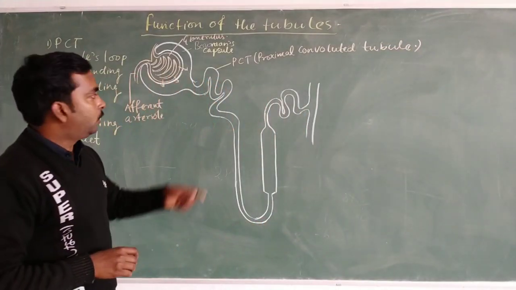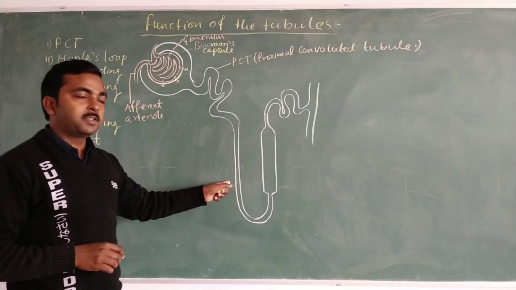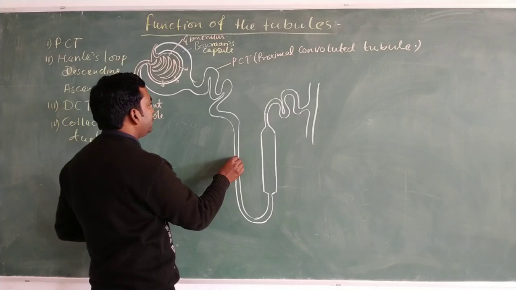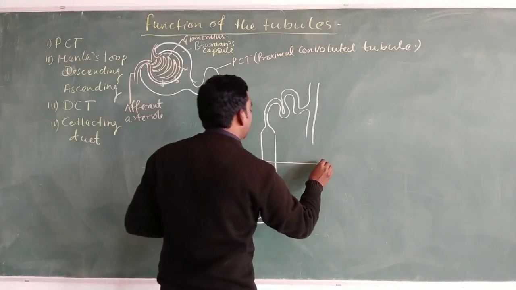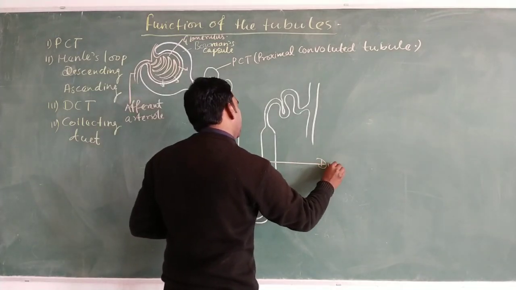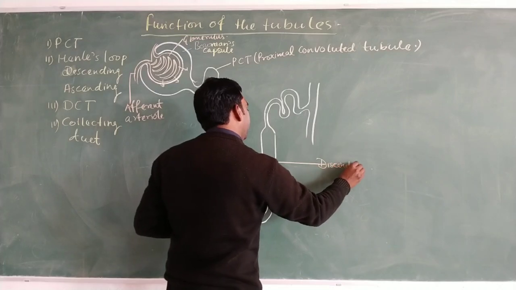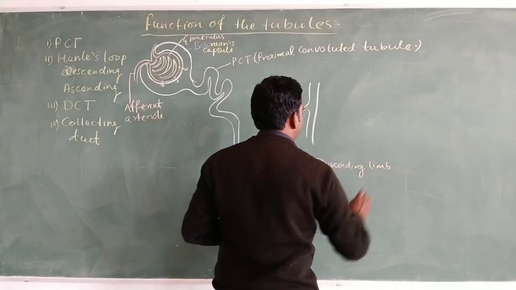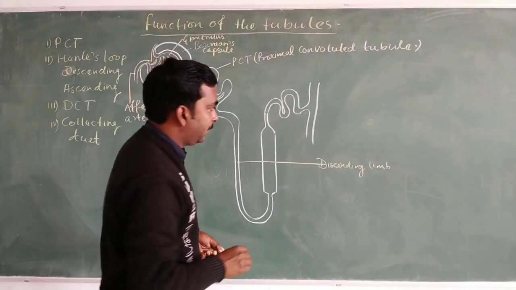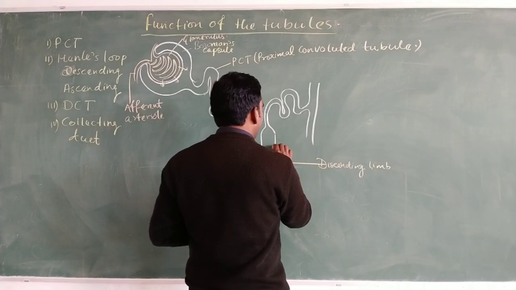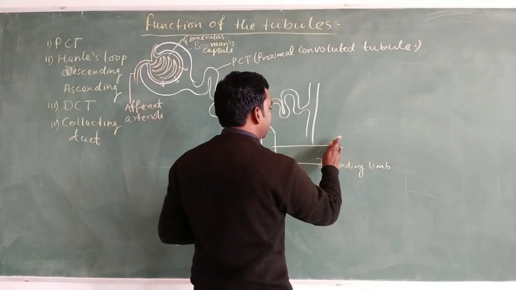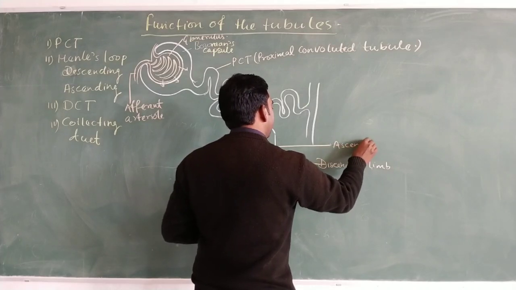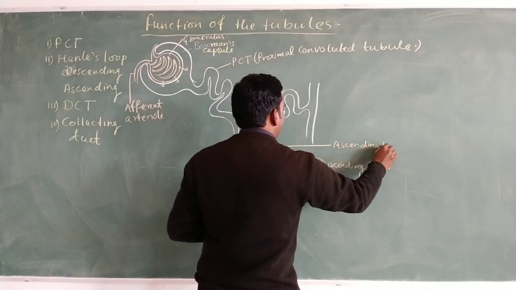Then the proximal convoluted tubule extends downward, and this is known as the descending limb of the loop of Henle, and the other is known as the ascending limb.